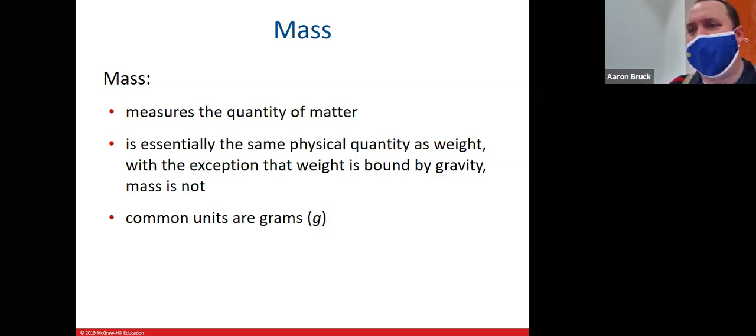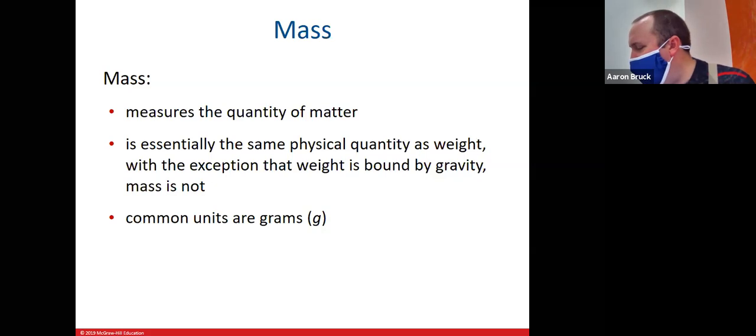Now, understand that when we talk about mass, we can kind of use it as interchangeable with weight. You could probably get into a great debate with a physics professor about the difference between mass and weight, but assuming that all of our measurements are being done here on planet Earth, they pretty much mean the same thing.